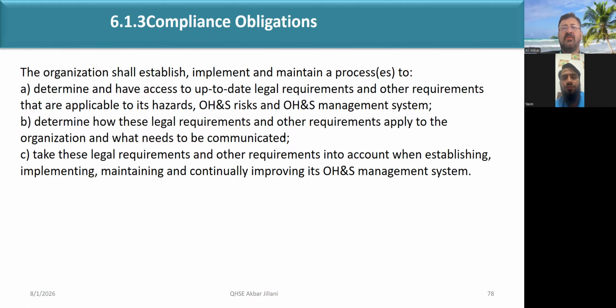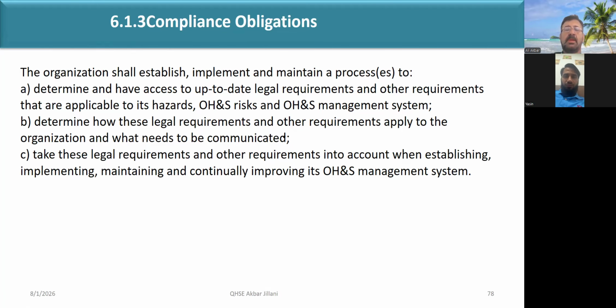If we are working in a country where we have the regulation but don't have a proper idea of it, then we have to go to the ILO requirements.